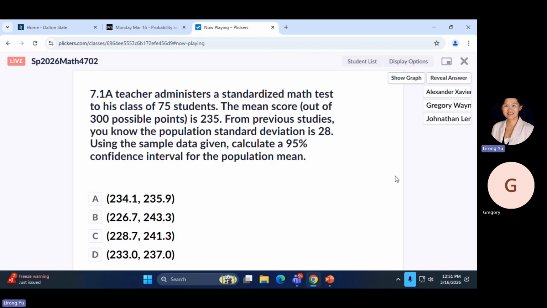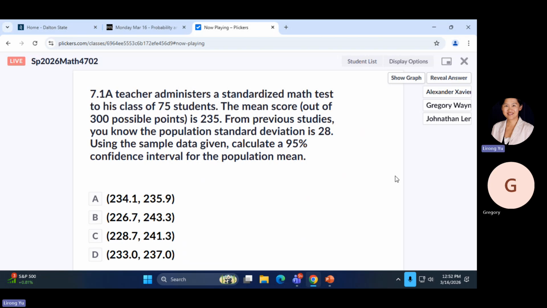For 95% confidence, z should be 1.96. So the sample size is 75, the x bar is 235, the standard deviation is 28.